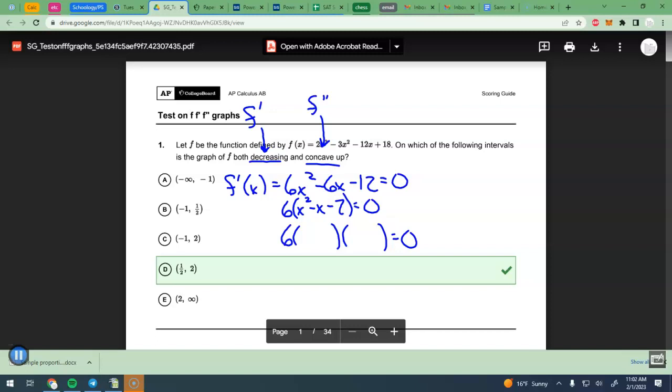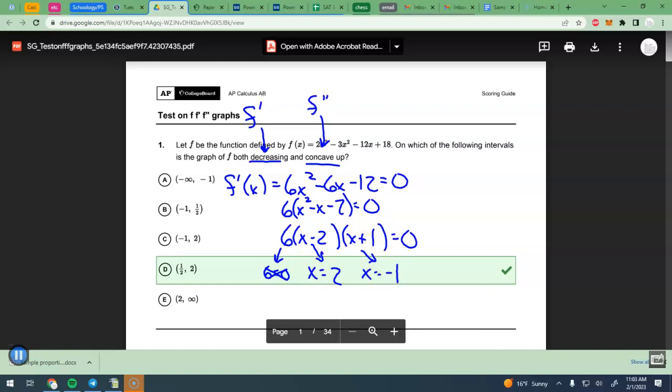So what multiplies to be -2 and adds up to be -1? -2 and 1, right? So x minus 2, x plus 1. Then I take each of those separate pieces and set them equal to 0. So 6 equals 0 never happens. This will give me x equals 2, and this will give me x equals -1.